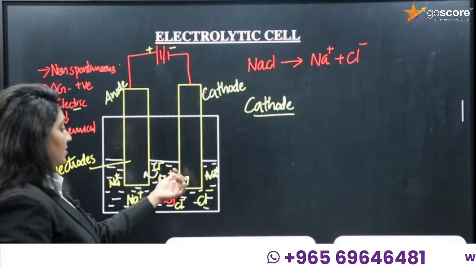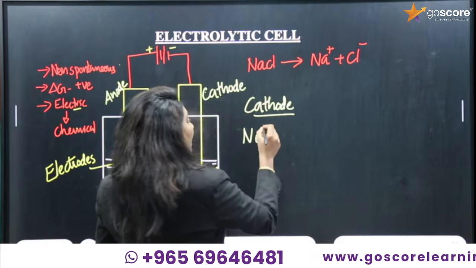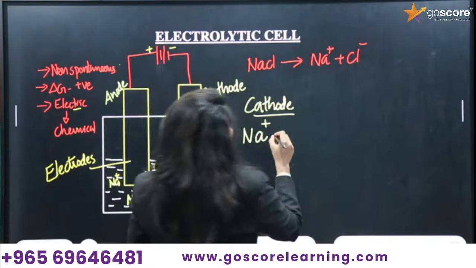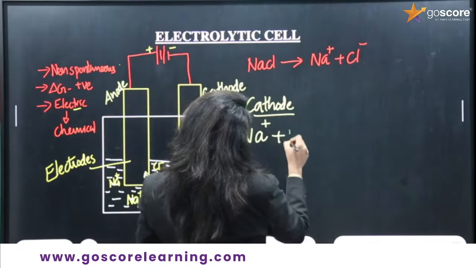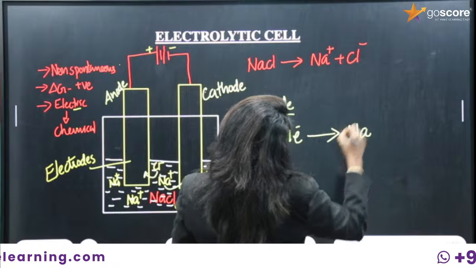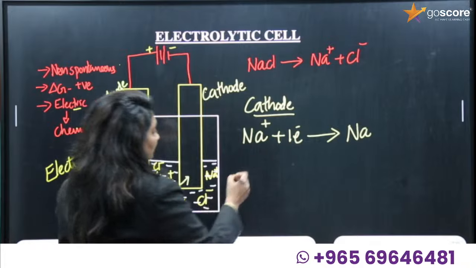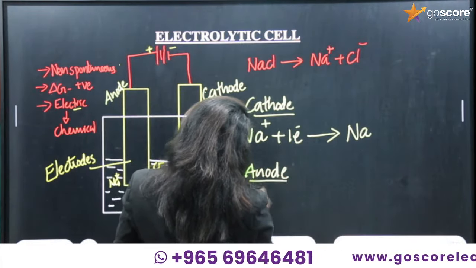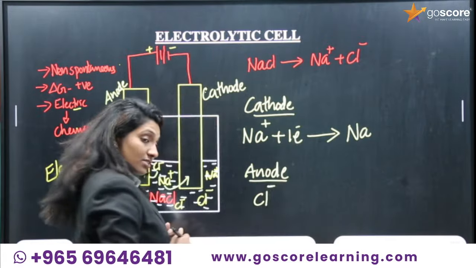at the cathode, the Na+ ions will be accepting one electron and getting converted into Na. And at the anode, the Cl- ions have an excess of electrons.